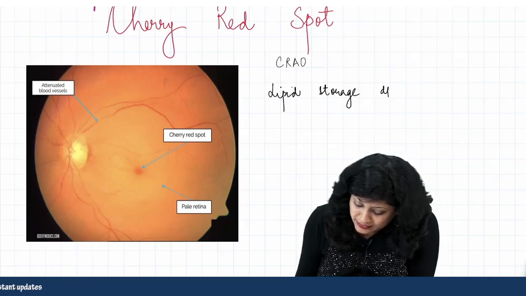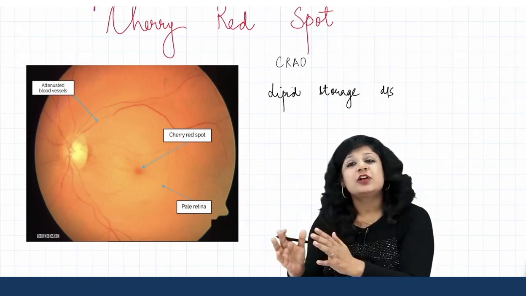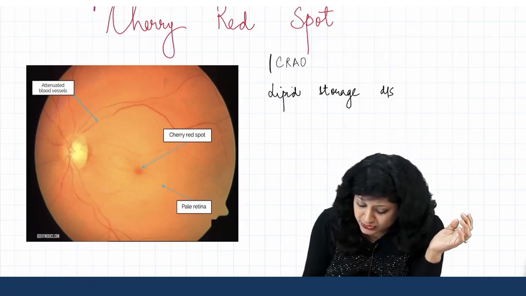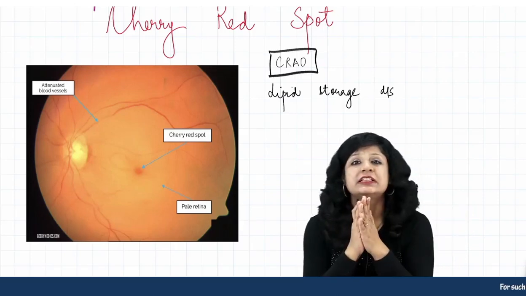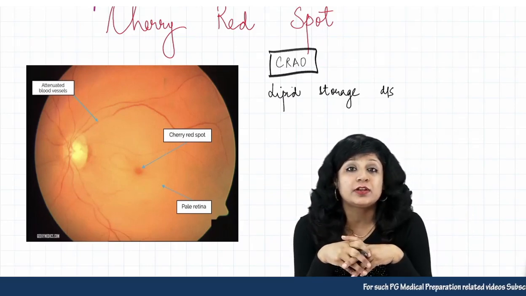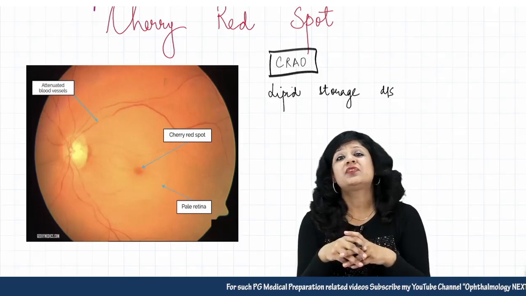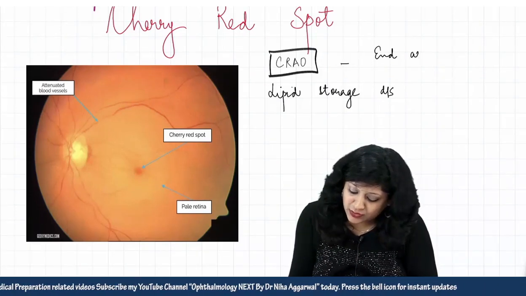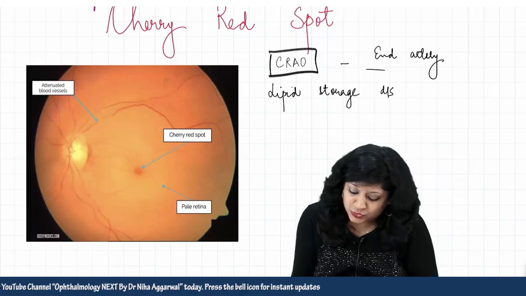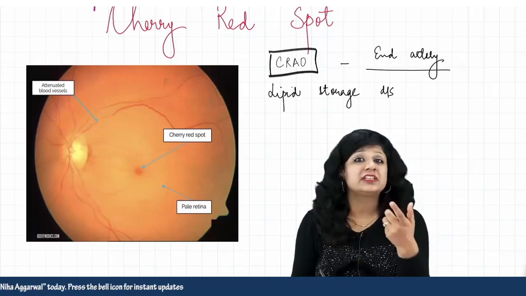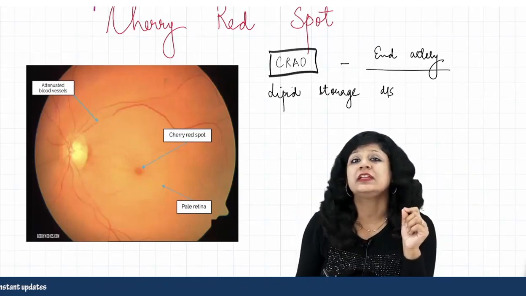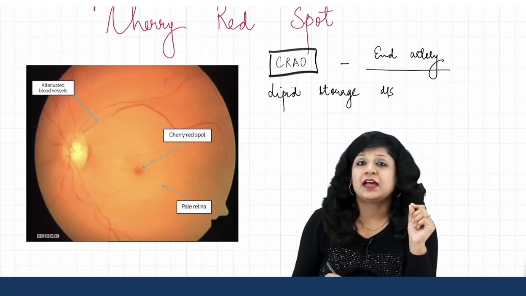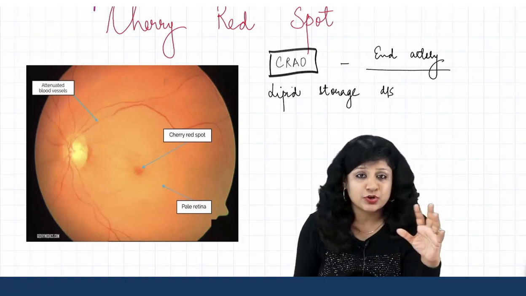Now we will be looking at the other causes also, but if I focus on the most important cause, the central retinal arteriolar occlusion, you know that central retinal artery is an end artery. So if you are having the occlusion in this artery, we will have deleterious effects on the oxygen levels in the retina, in the perfusion of the retina.